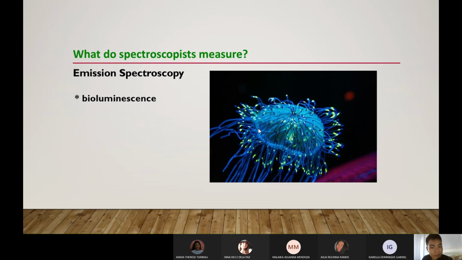For example, fireflies emit light. And some aquatic species also do that, for example, this jellyfish. They do some chemical reactions in their body and absorb energy from the environment, so they glow. That field of study is called emission spectroscopy, when your matter absorbs energy to produce light.